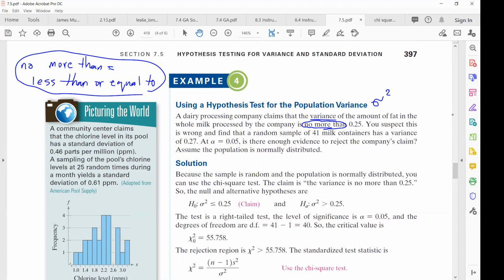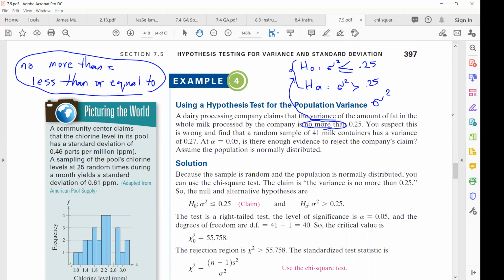So what's given? Your null hypothesis is given. It says your variance, sigma squared, is less than or equal to 0.25. So now you can form your alternative hypothesis: sigma squared is greater than 0.25, and note that the claim is your null hypothesis.